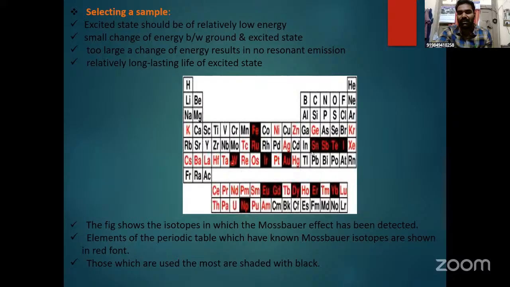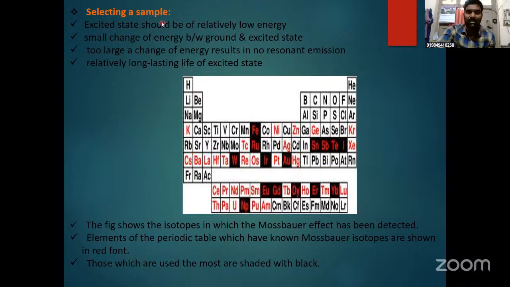Those which are used the most are shaded with black, and these are mostly used in Mossbauer spectroscopy.